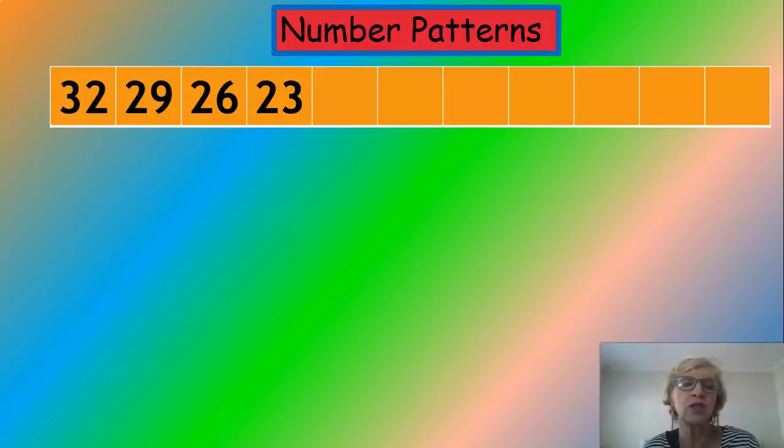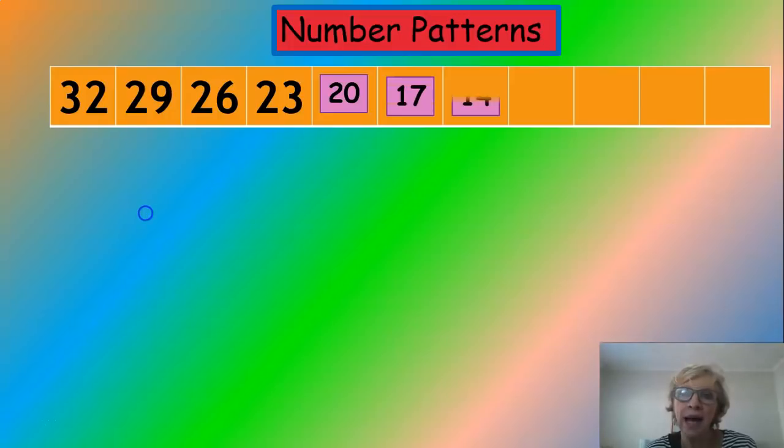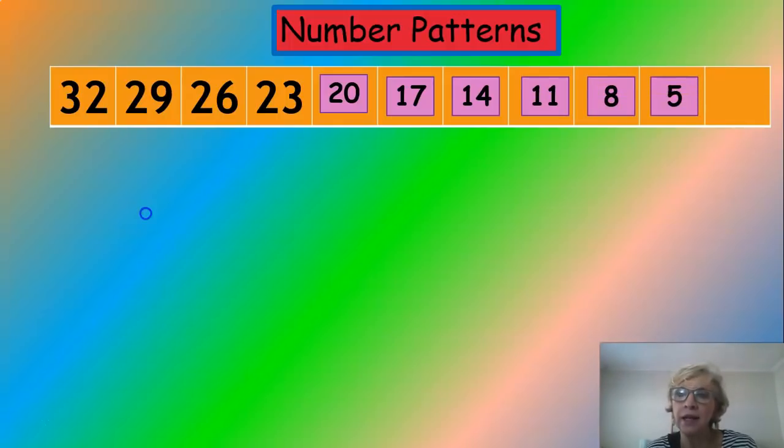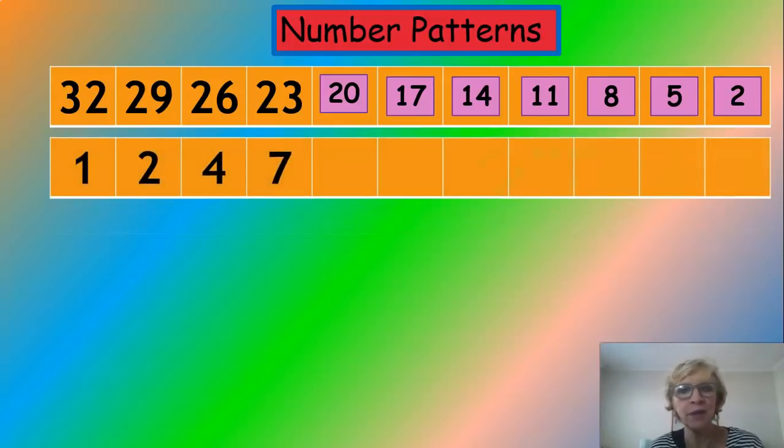Minus 3 is 23. 23 minus 3 is 20. Minus 3, 17. Minus 3, 14. Minus 3, 11. Minus 3, 8. And then 5, and then 2. So there's your pattern, getting smaller from 32 down to 2, by 3 each time.